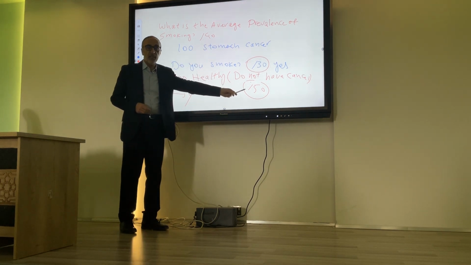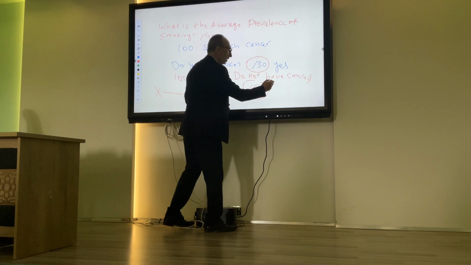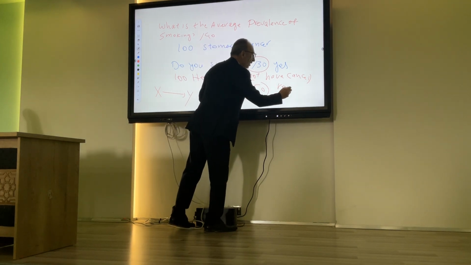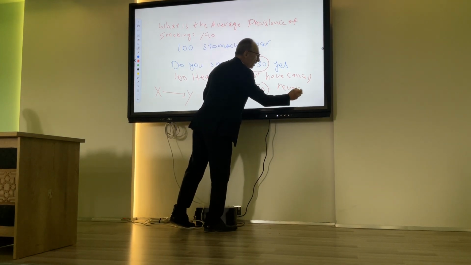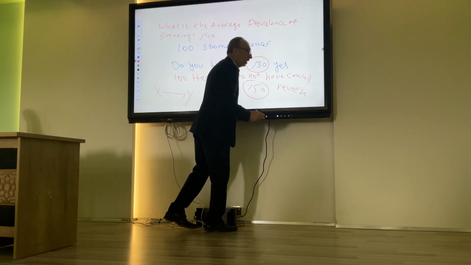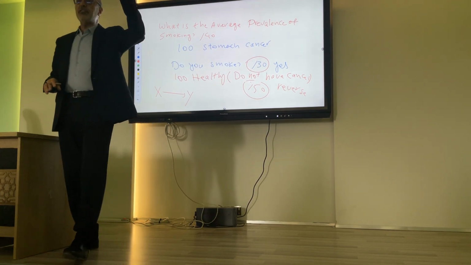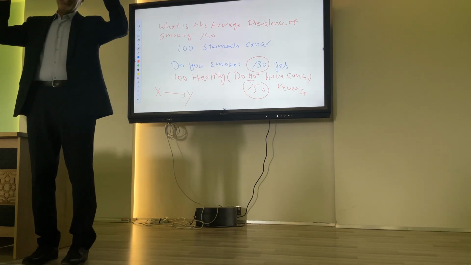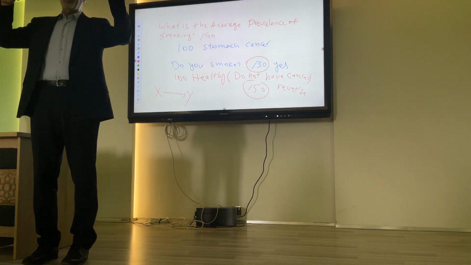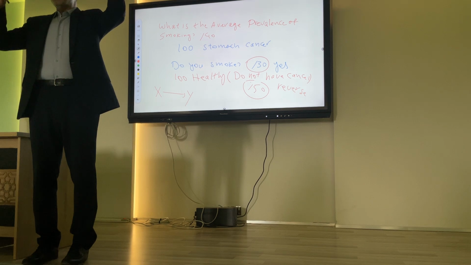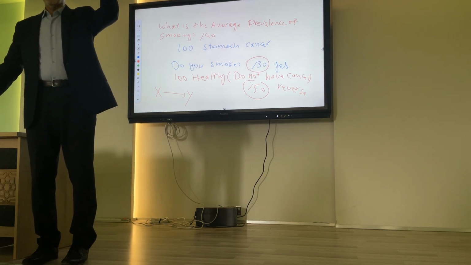So there is a relation, but in this situation it is a reverse relation. Reverse relation means that we expected smoking to increase the risk of cancer, but in this hypothetical example, we saw that smoking decreases the risk of cancer.